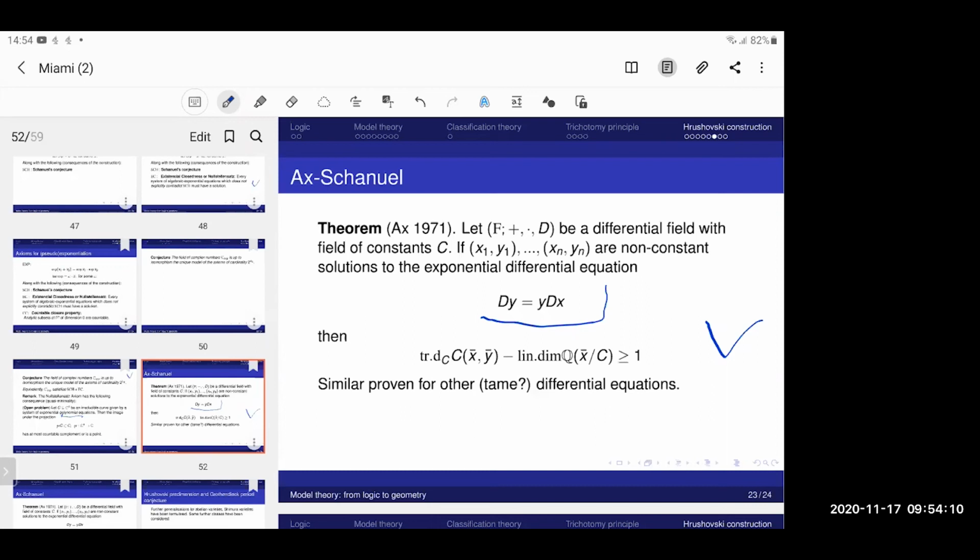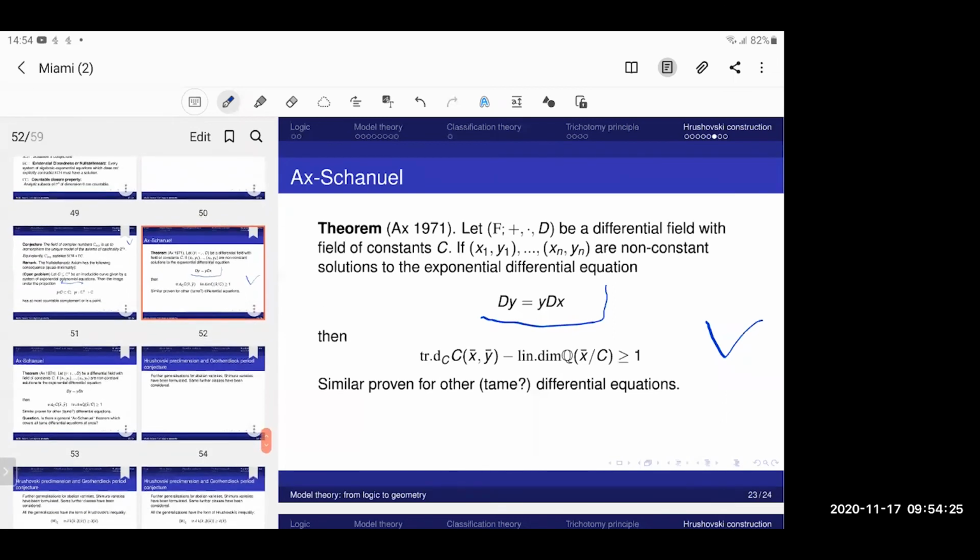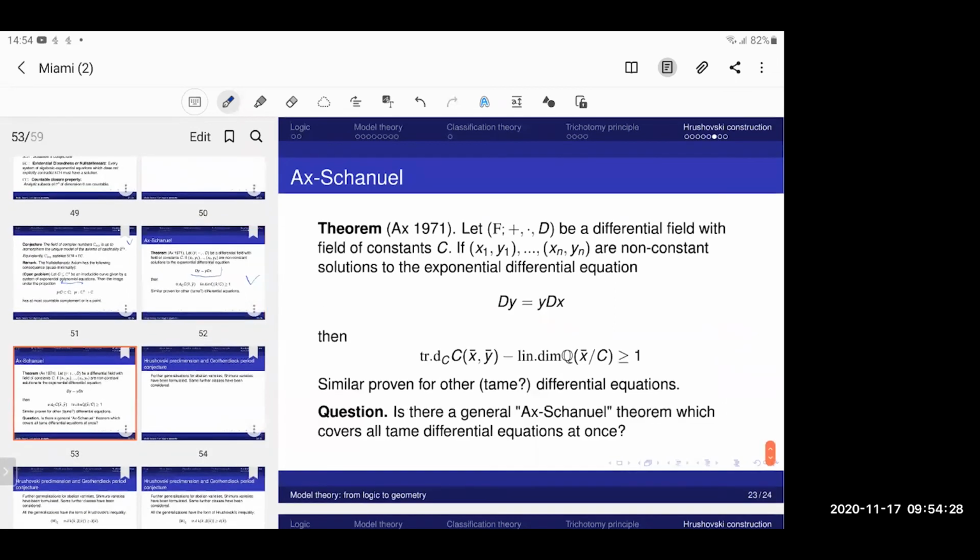Well, I think about those differential equations which have this property as a kind of special tame differential equations. And I think it's very interesting, very important to understand. So, which ones are those? Is there some general theorem that covers all the cases, that tells us that for some tame class of differential equations we have this property? And I know that some people are working towards this question.